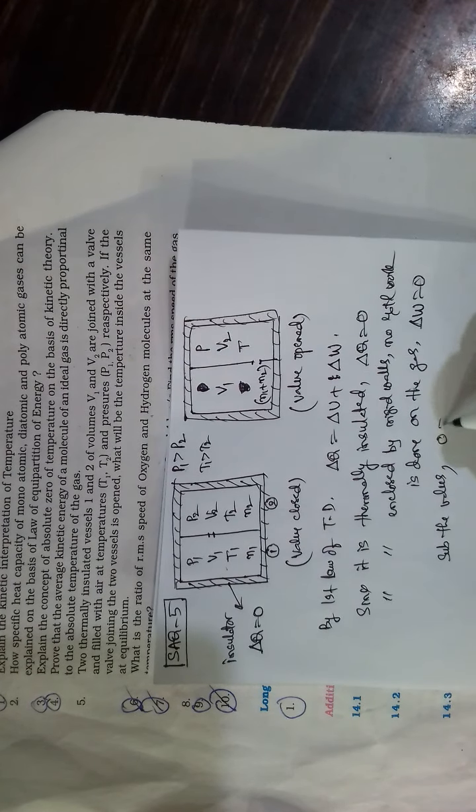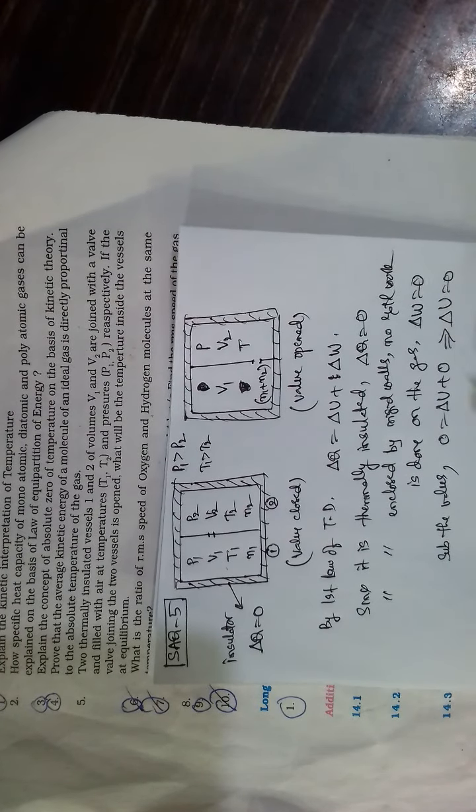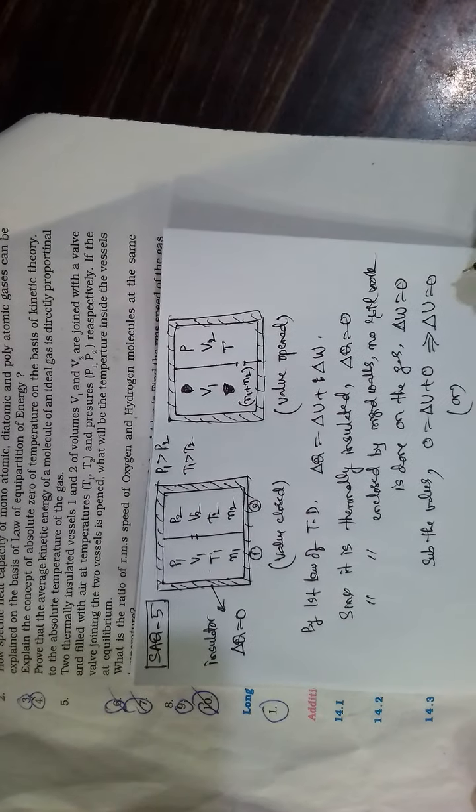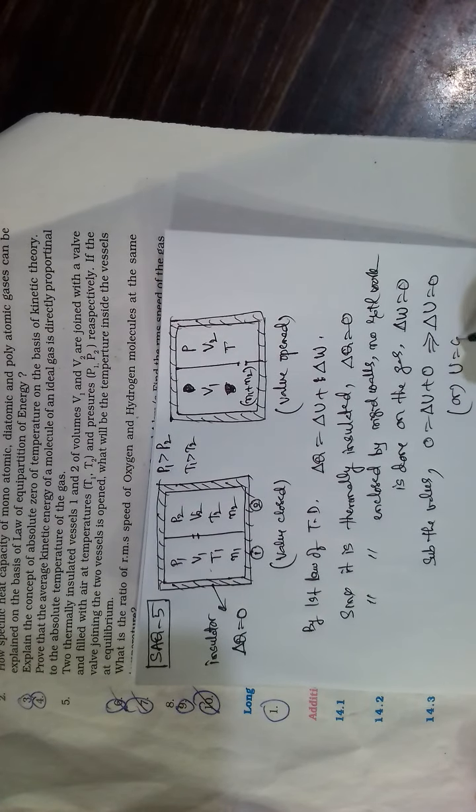So substituting the values, 0 is equal to delta U plus 0. This gives delta U is equal to 0, or U is equal to constant. That is, internal energy will be constant.